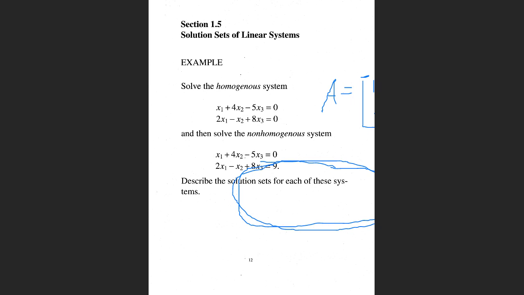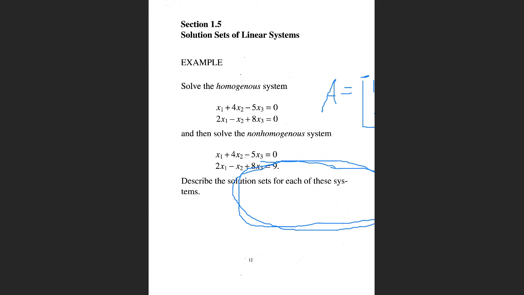Good, it's a 2 by 1. That's right. And have I written a vector here? Is the 0 a vector, the way I wrote it? No, what do we need above that 0? An arrow. Right, there we go.